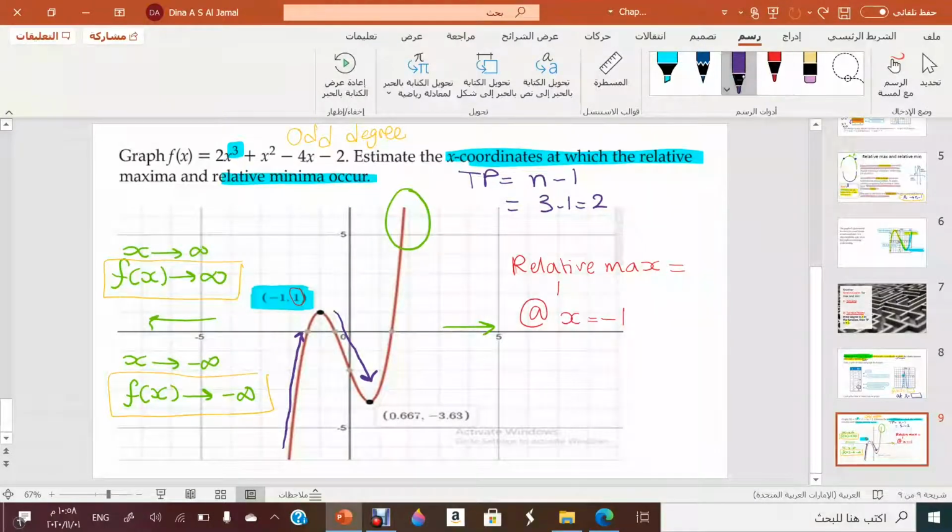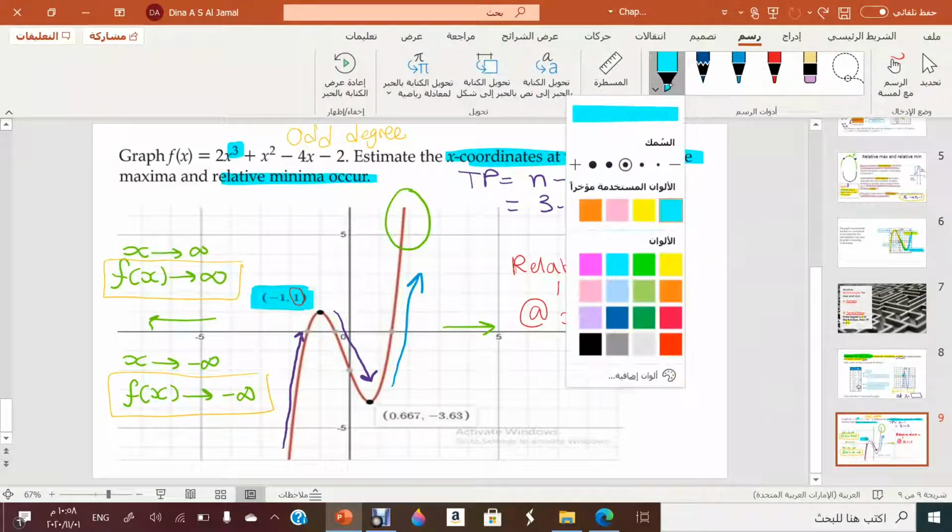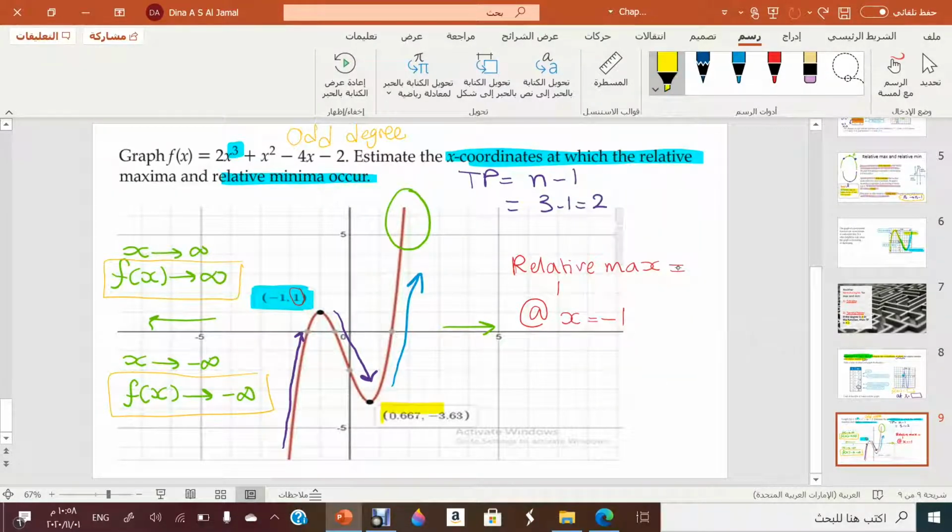Now let's continue studying this graph. So it was down, then it went up. F of x decreasing, then it is increasing. So this point is a very important point for you.